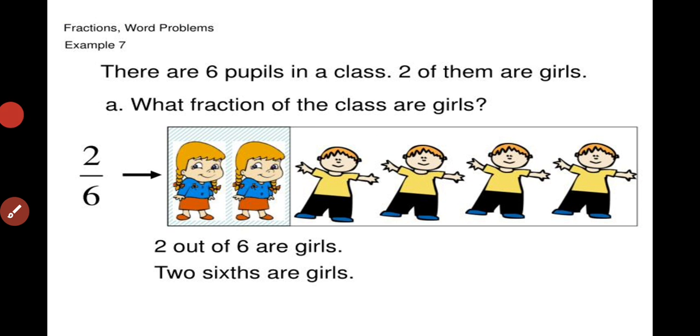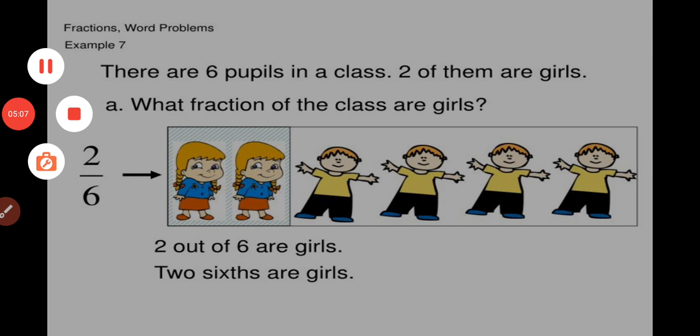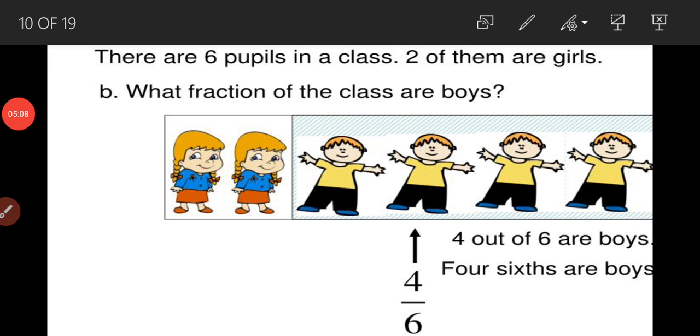Here there are 6 people in a class. 2 of them are girls. Question B is, what fraction of the class are boys? We know very well that here the total students are 6.